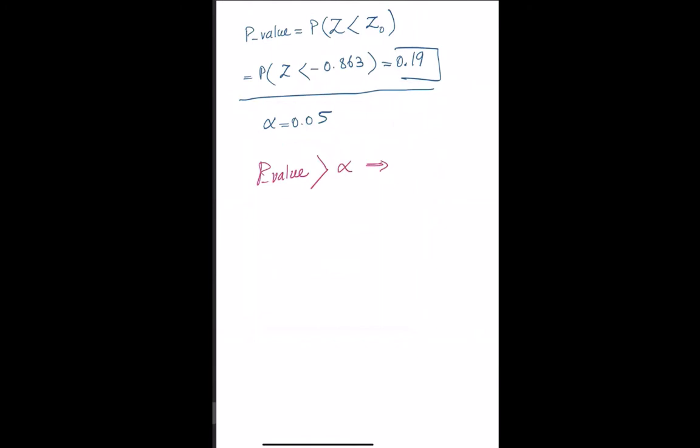This always works for any type of test. If the p-value is greater than alpha, we always fail to reject the null hypothesis. So here my p-value is 0.19 and my alpha is 0.05. The p-value is greater than alpha, so I fail to reject.